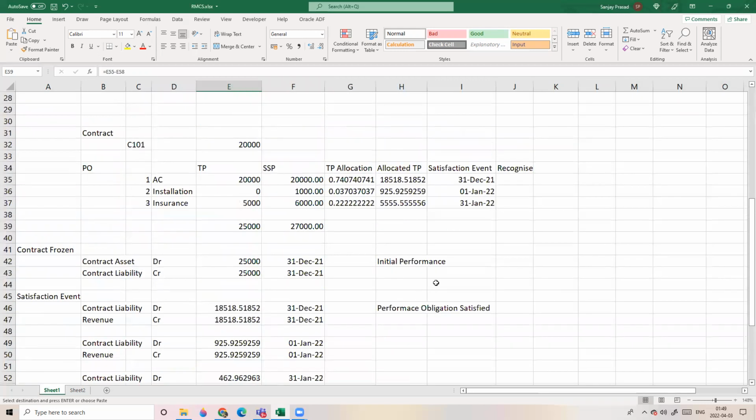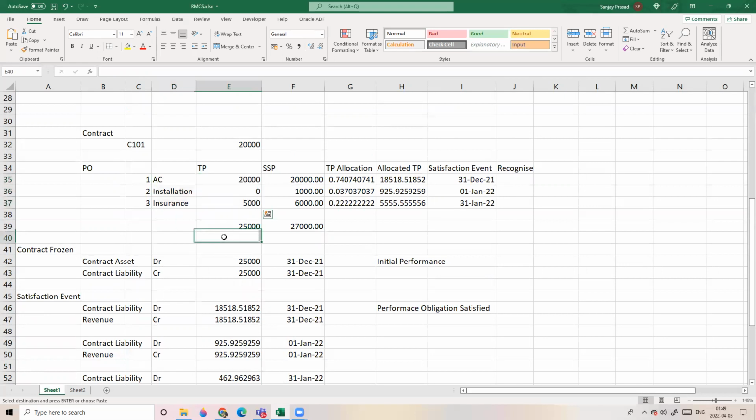Now let us understand the business significance of this. Generally, I sell this air conditioner at 20,000 currency units. But in this contract, the installation guy can say that you are able to sell the AC because we are giving the free service, right? So in fact, the air conditioner sold is not worth 20,000 in this contract.